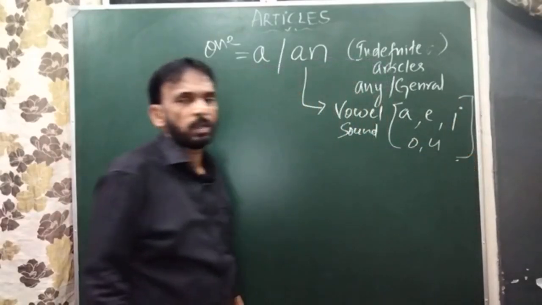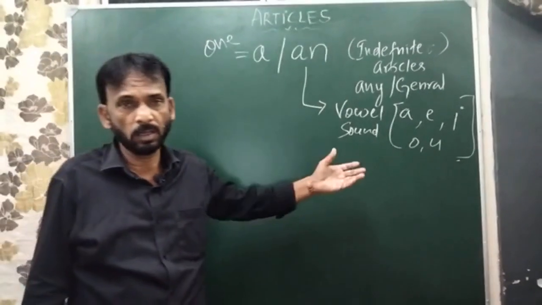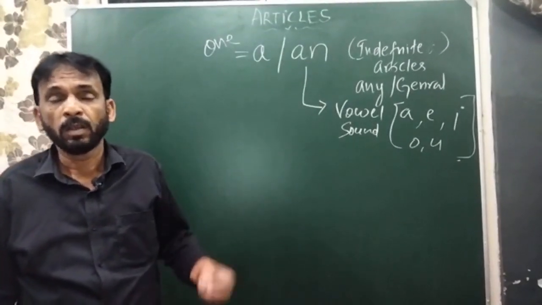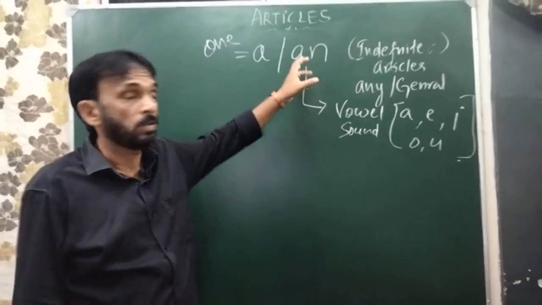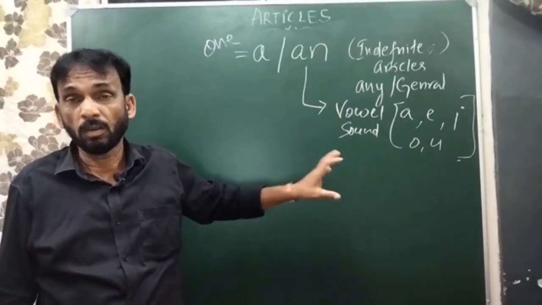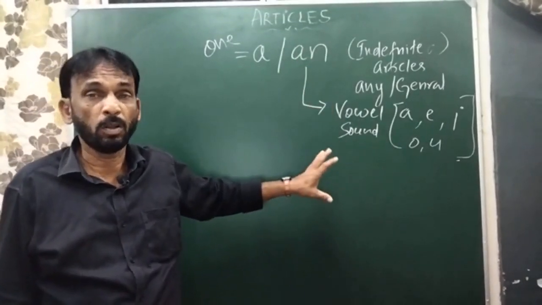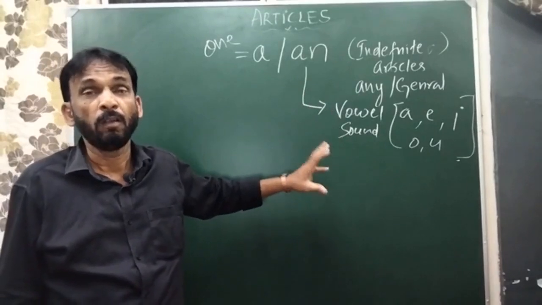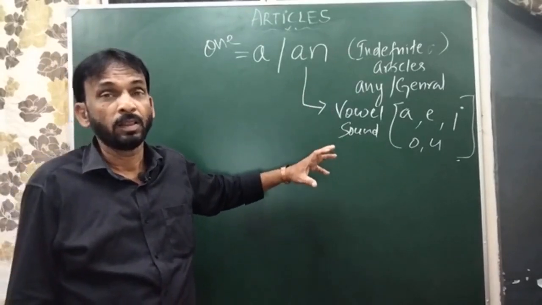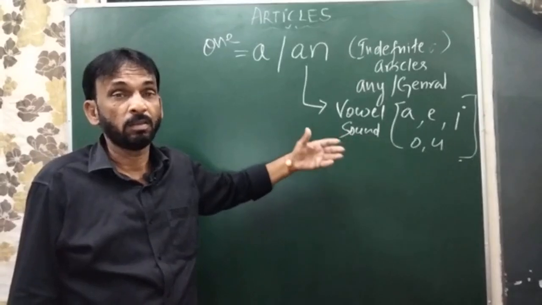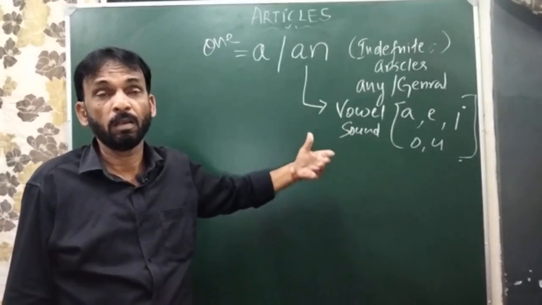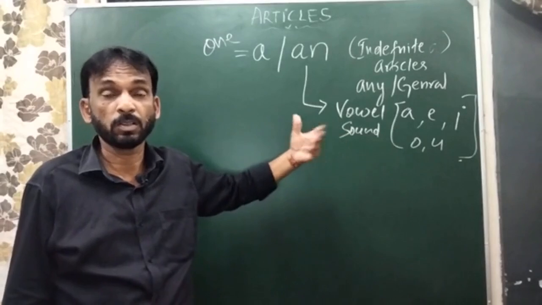There are five vowels in English grammar. Now we use an when a singular countable noun starts with these vowel letters, and they should produce vowel sounds.